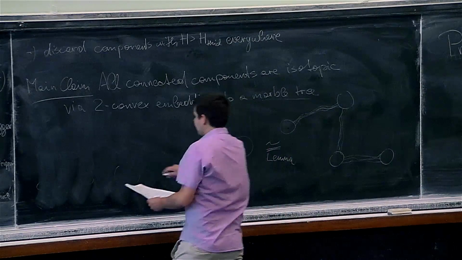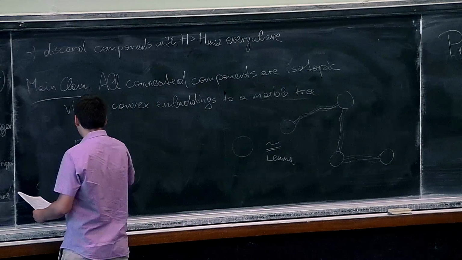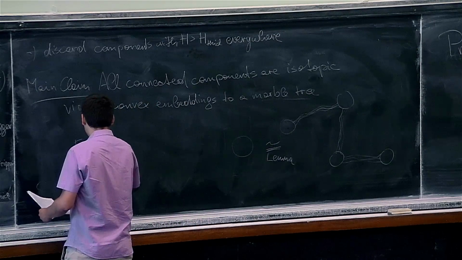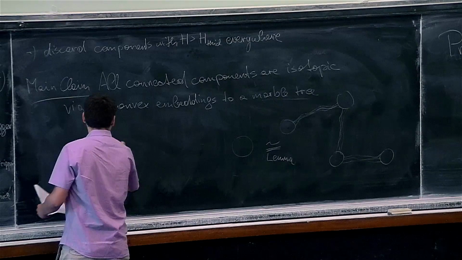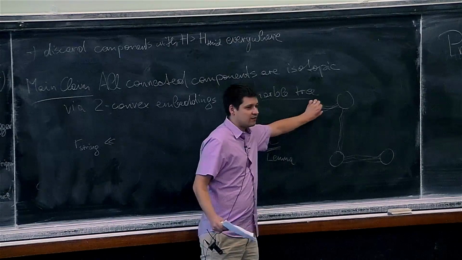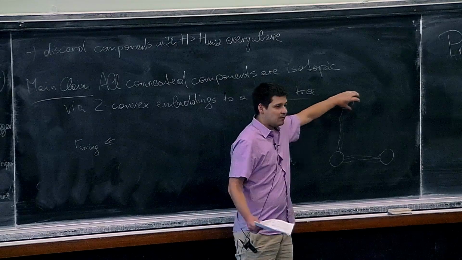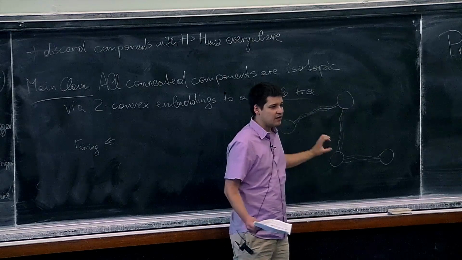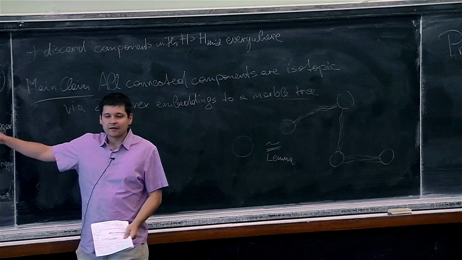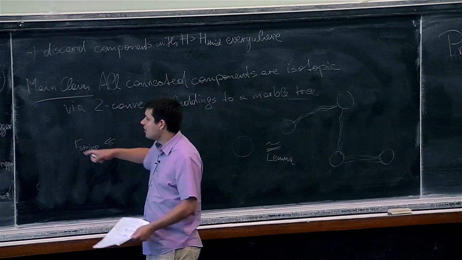Good. Oh, and this also comes with some parameters. So the parameters is, there's this string radius, this radius of those tubular neighborhoods where we do the gluing, and then there's this marble radius, the radius of those spheres here, and then there's all those other scales which come from the flow with surgery.